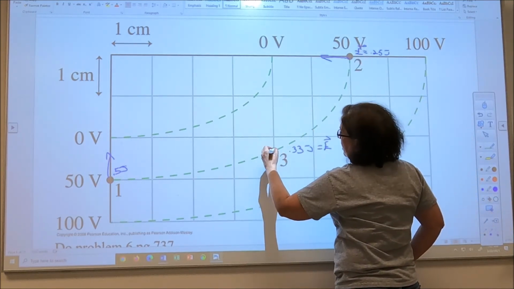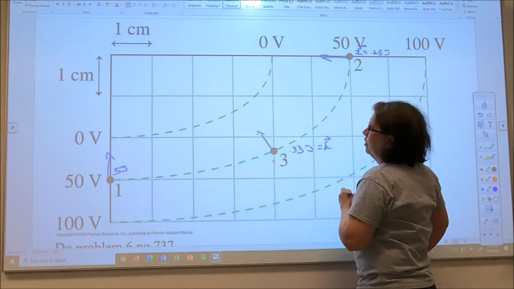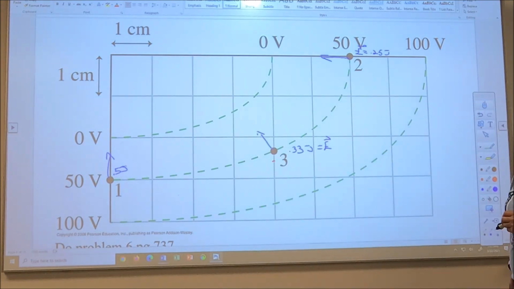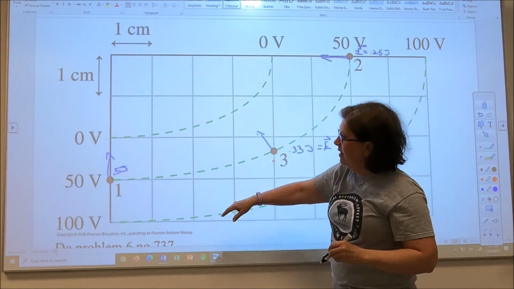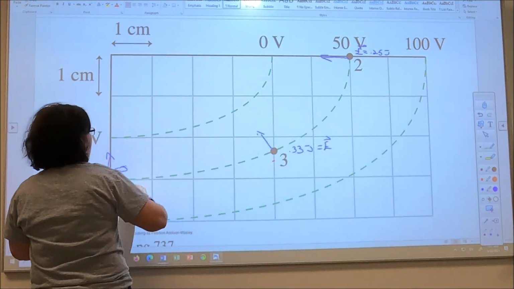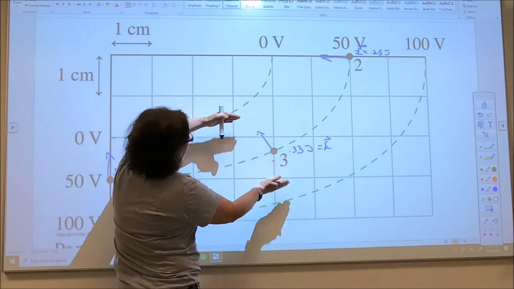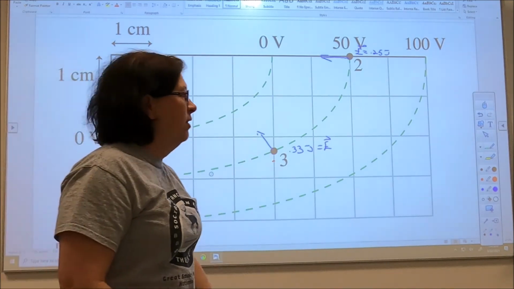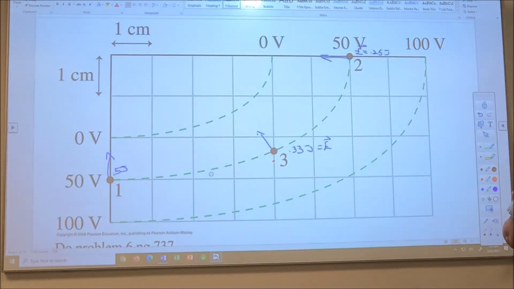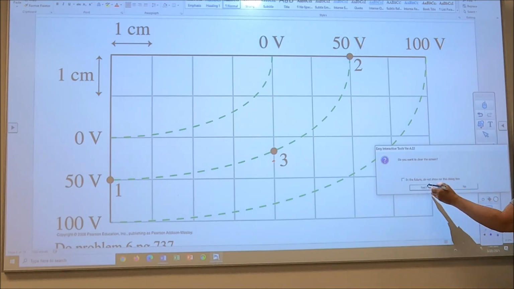And again, it's going to want to point inward. So even though I'm moving between the same equal potential surfaces, because they're differently spaced as we move through here, we have different electric fields.